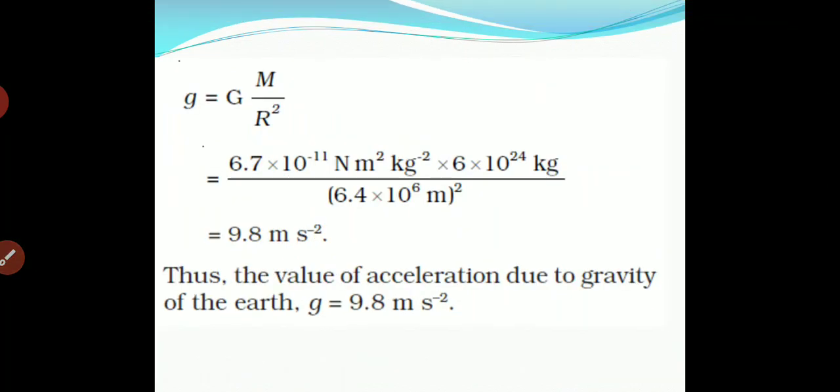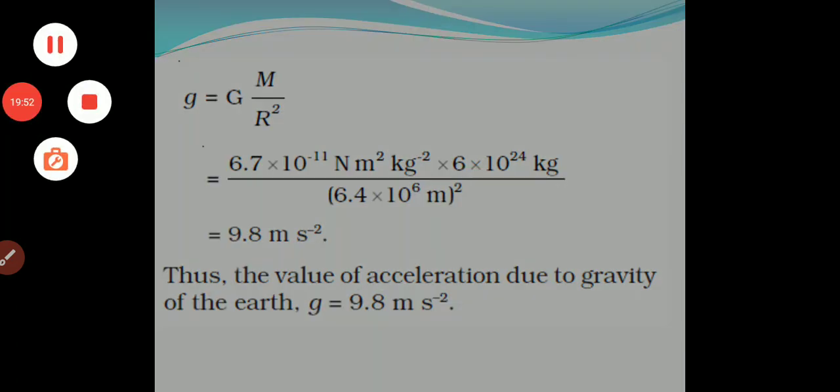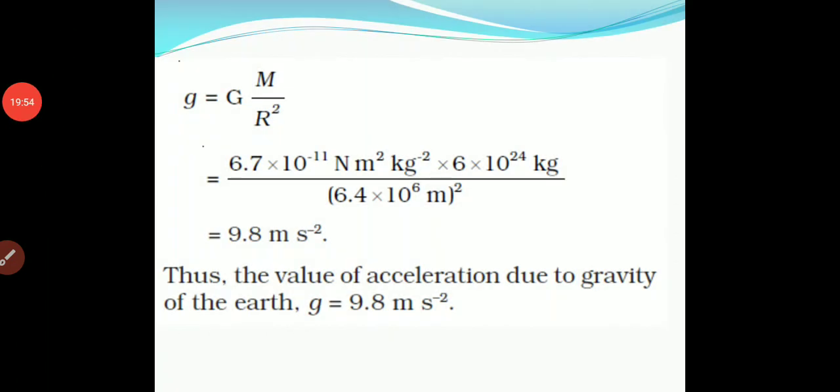On substituting the values of capital G, capital M and R, the radius of the earth, and simplifying, we get 9.8 meter per second square, which is the value of small g.